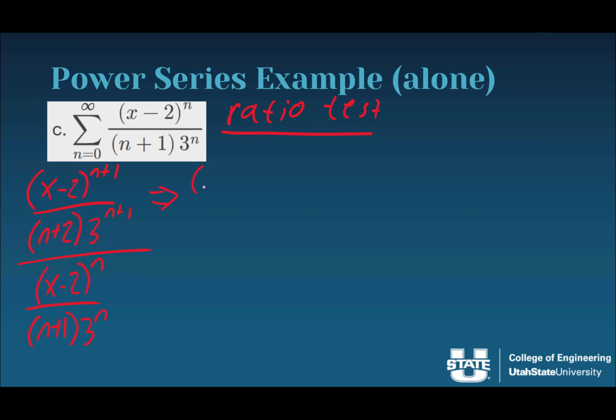That means it's going to be x minus 2 to the n plus 1 over n plus 2. 3 to the n plus 1, that's just 3 to the n times 3, right? So that's how I'm going to write it, just so that it's easier to cancel stuff.